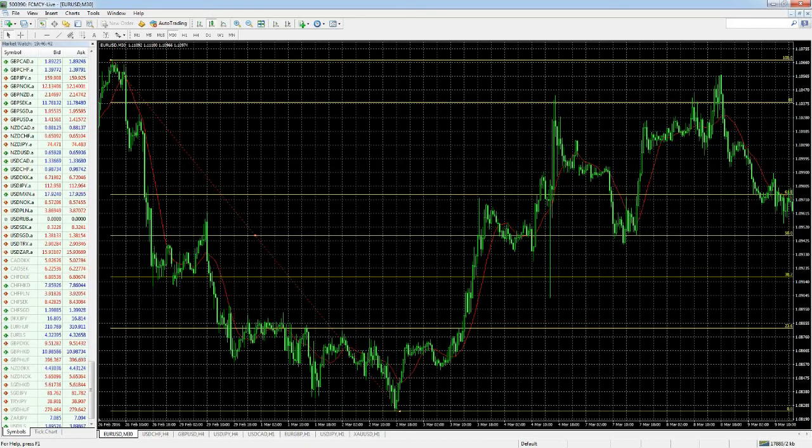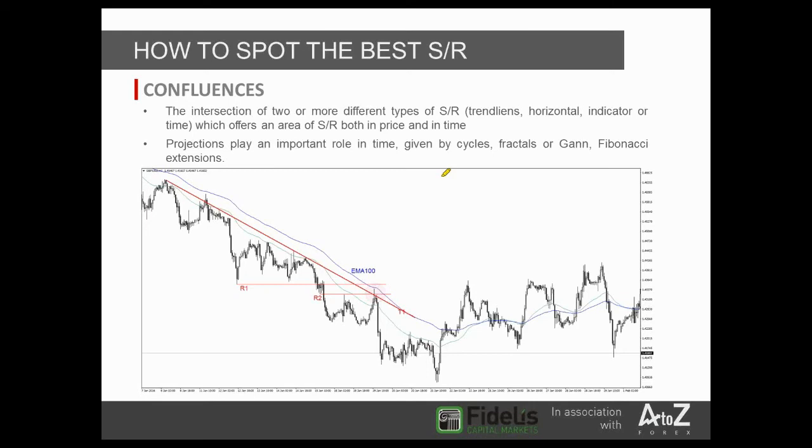Okay, now, sorry, I was talking about the chart, and okay, can you see my presentation now? Yes. Okay, I guess you can see it. So this is what I was talking about, right? Look, you have the R1, the support here, which turns into resistance. R2 here, and you have the moving average of 100 periods.